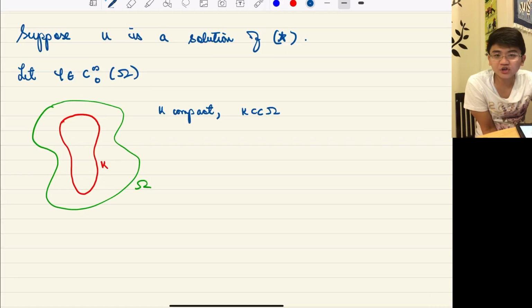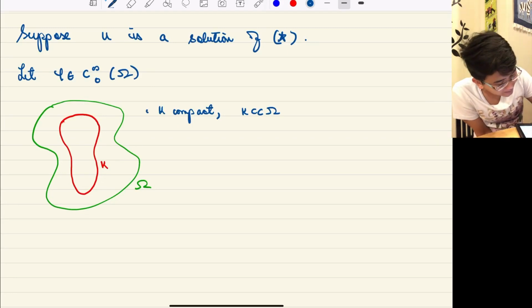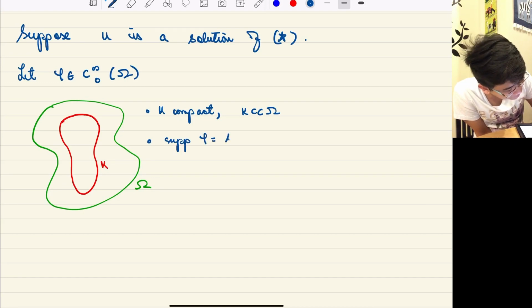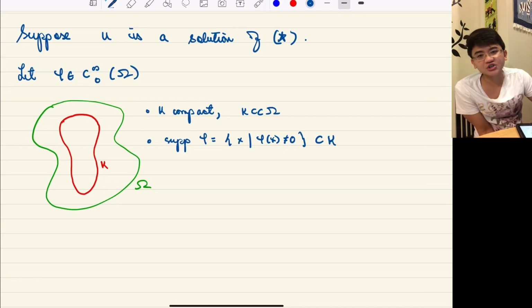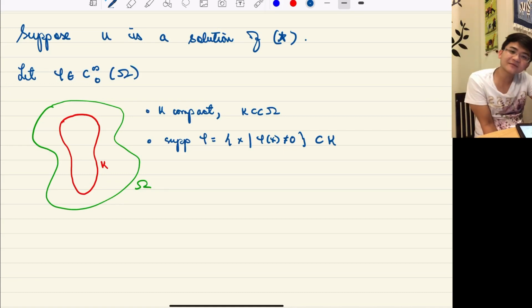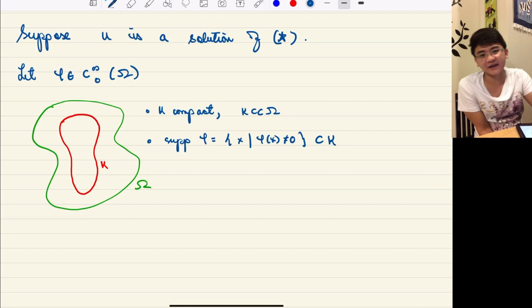So we're sure that it's some positive distance away from the boundary of omega, and that the support of phi, which is the set of points x for which phi of x is not 0, is contained in K. So outside K, you're guaranteed that it's 0.